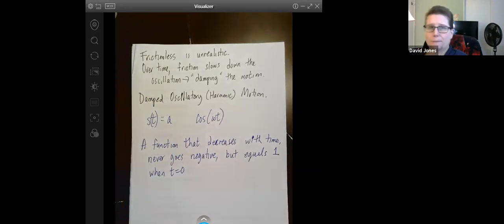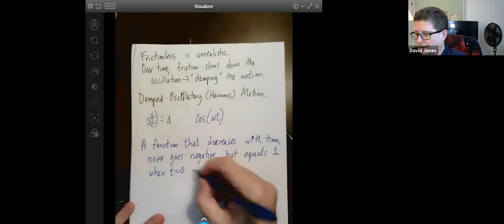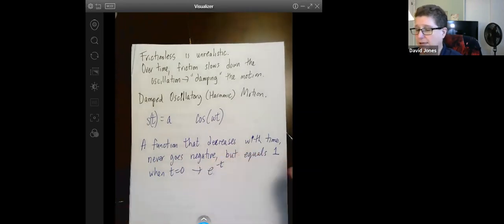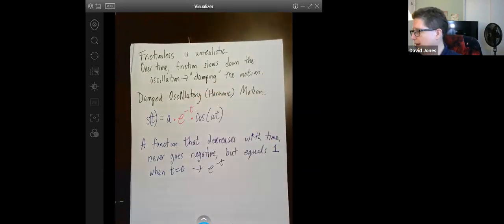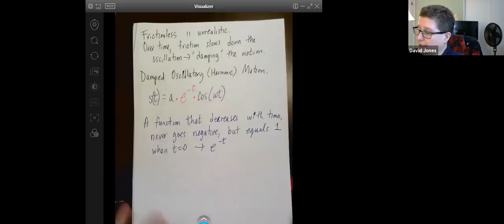We want it to have no impact when you first start it; it's not damped at all. E to the negative t. So that's what goes in here. It's A times e to the negative t times cosine omega t.